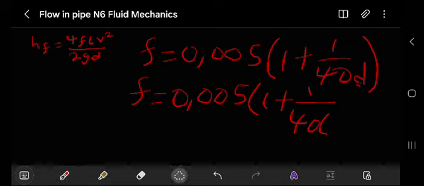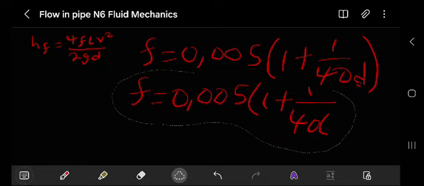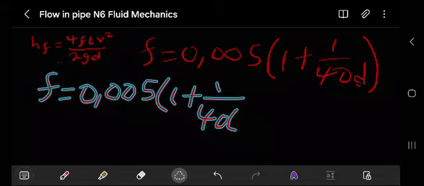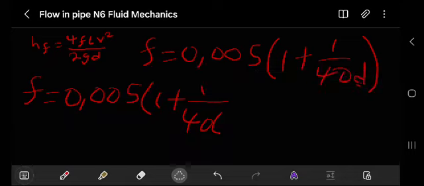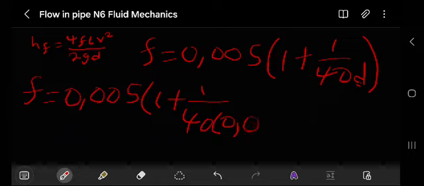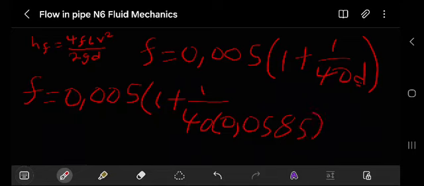We had the diameter, which is 0,0585. That is the diameter, right?